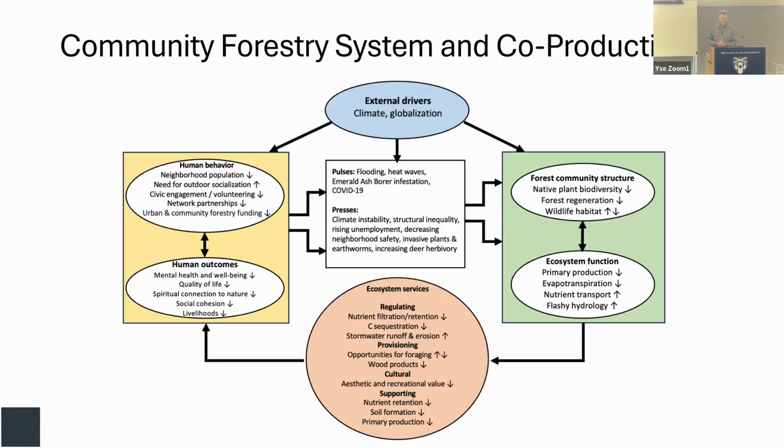We also had invasive earthworms, and then increasing deer herbivory. And there's a phrase now, which is recurring acute disaster. Some of these things that are episodic, the pulses, are starting to happen with such frequency that they're becoming presses on the system. So underlying the video that you saw was this.